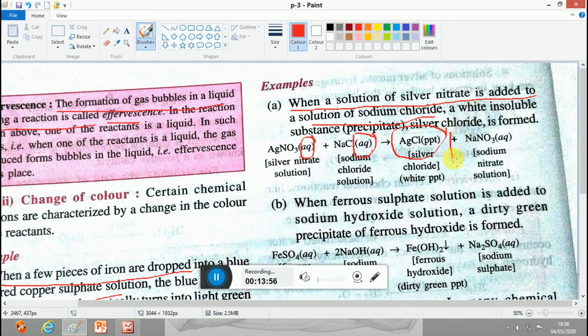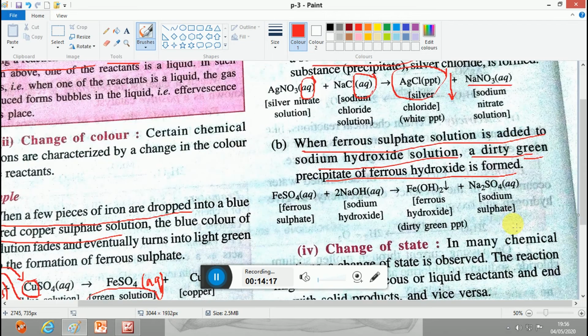Sometimes a down-headed arrow is used to indicate the formation of any precipitate. NaNO3 remains in the water solution. When ferrous sulfate solution is added to sodium hydroxide solution, a dirty green precipitate of ferrous hydroxide is formed. This down-headed arrow is used only for the formation of a precipitate.